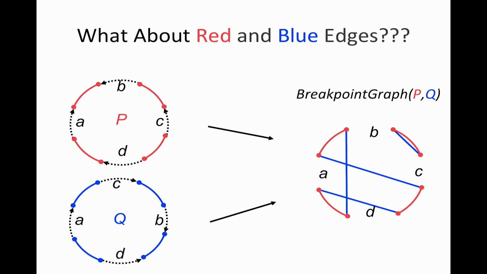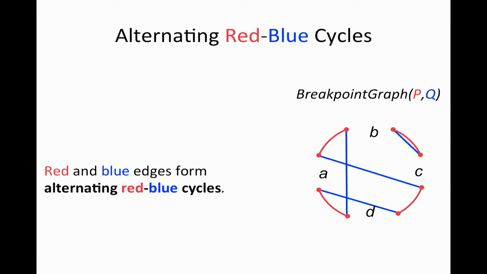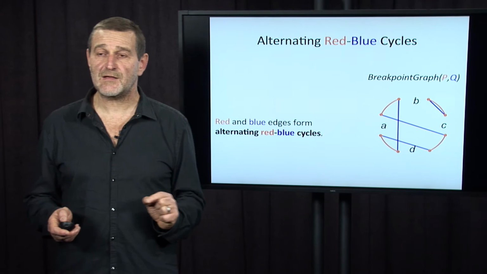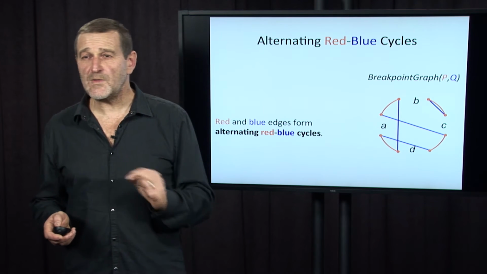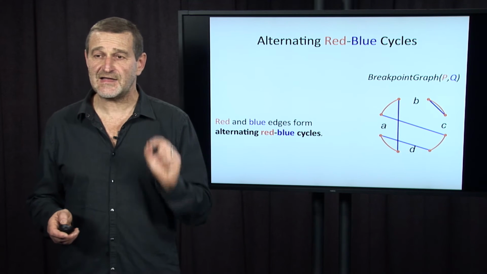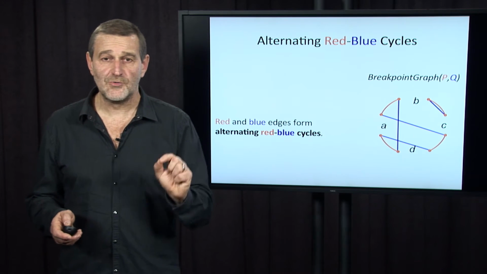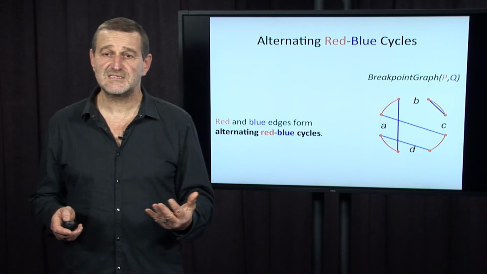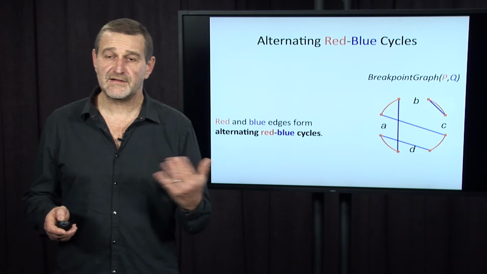to anything. The thing that you may notice, however, is that red and blue edges form alternating red-blue cycles in the breakpoint graph. Why? Because you may notice that at every node there is a single red edge and a single blue edge meeting, and therefore the resulting graph must consist of alternating red-blue cycles.